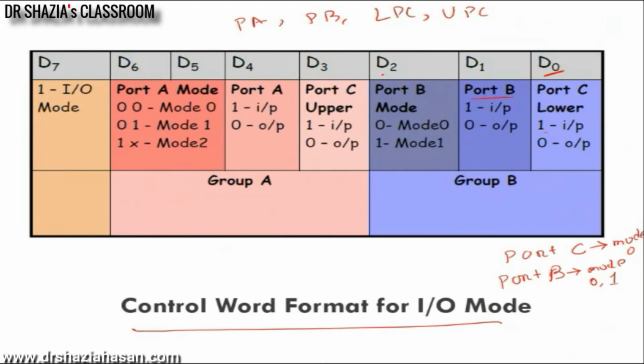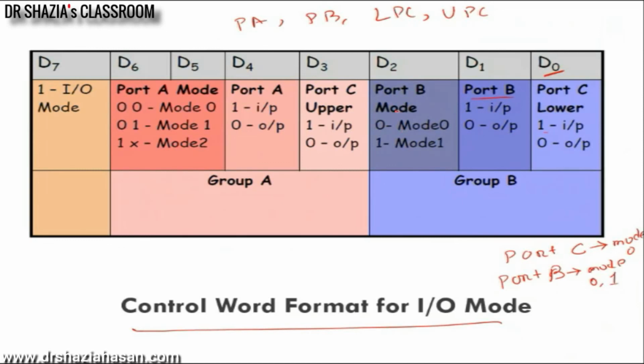This is given by bit D2. If D2 is low, port B is in simple mode of operation. Mode 0 is the simple mode of I/O data transfer.